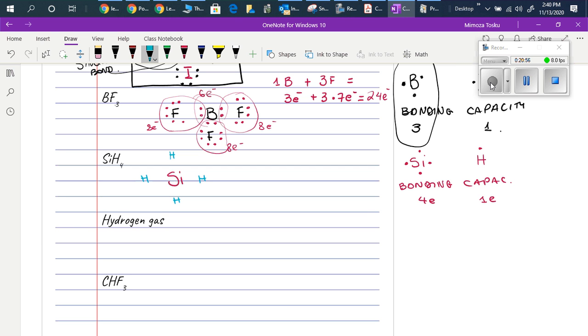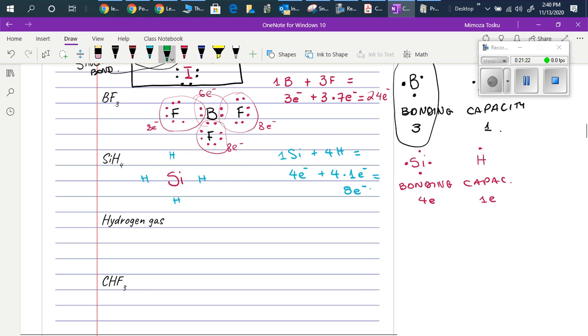And now let's count the electrons. We have 1 silicon and 4 hydrogen. Silicon has 4 electrons, and 4 times 1 electron for the hydrogens. We will have in total 4 plus 4, 8 electrons.